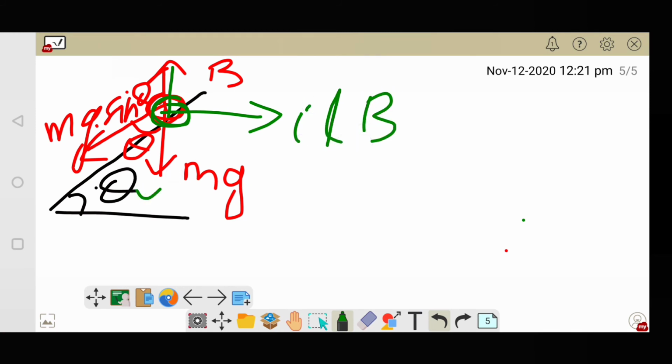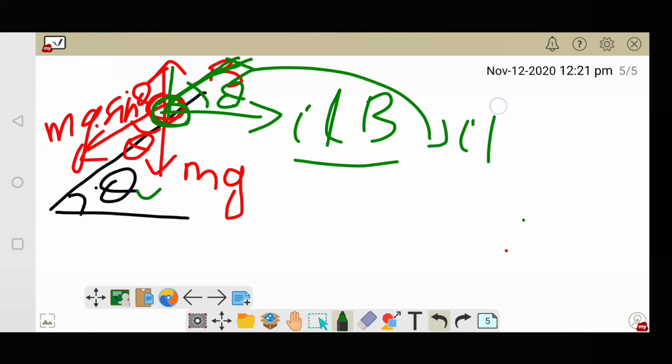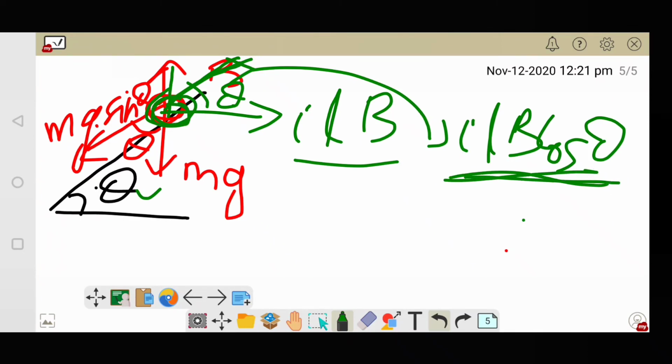Since this angle is theta, this angle will also be theta, so if this is ILB, the component along the incline will be ILB cos theta. The rod is stationary, it is not coming down, so this component ILB cos theta and mg sin theta must be equal.